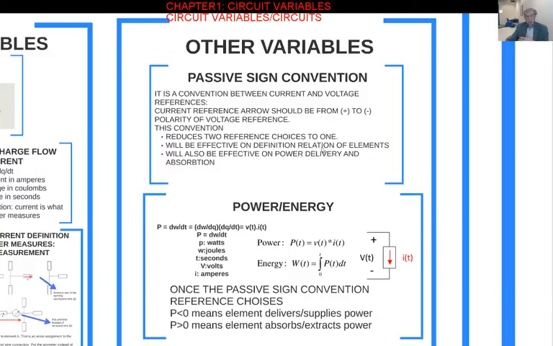So I will explain this in detail in chapter 2. And we are going to use the new benefit of this convention in the next frame. This convention will be effective for power delivery and power absorption. What are they? I will be explaining in this frame now.